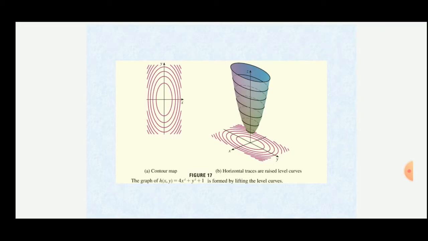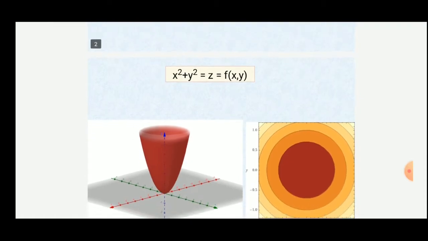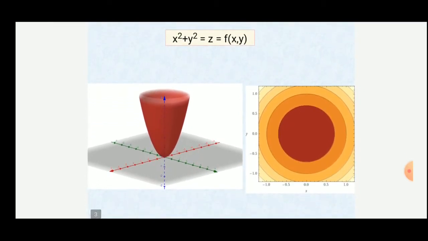The graph is lifted by distance 1 because it is 4x square plus y square plus 1. In the domain of function f, the level curves are ellipses in the xy plane. The next surface is z equal to x square plus y square, which is a paraboloid, and the level curves are circles in the xy plane.